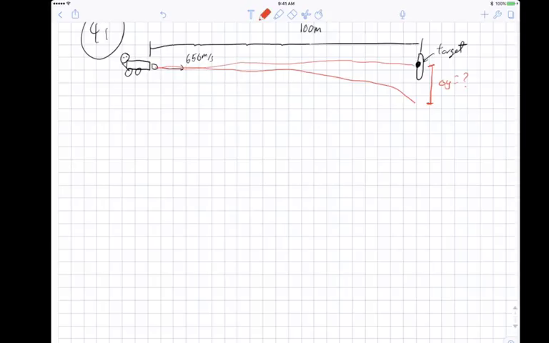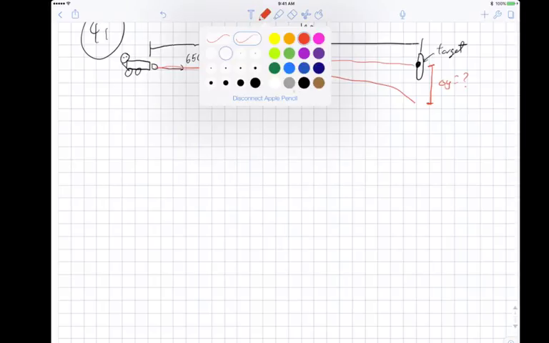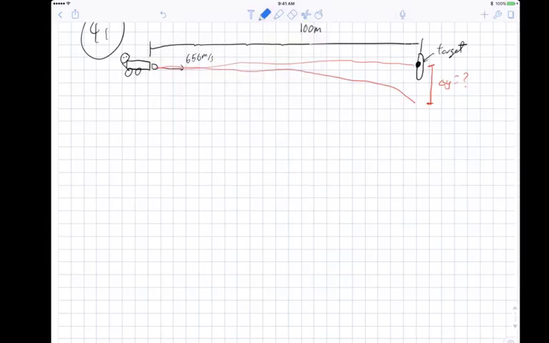So you're like, what's the velocity? V vector. The initial velocity in the x direction is 650 meters per second. The initial velocity in the y direction is 0.